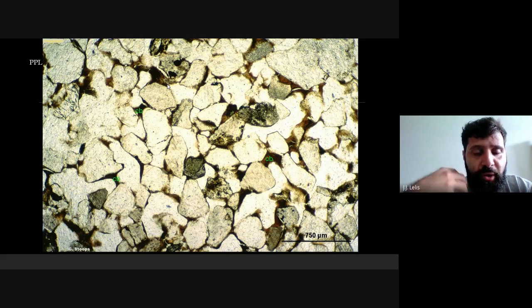Okay, so it tells us that this specific horizon had in the past a clay content that's higher than in the present, but the reduction of the clay content is related to migration of clay or destruction of clay.